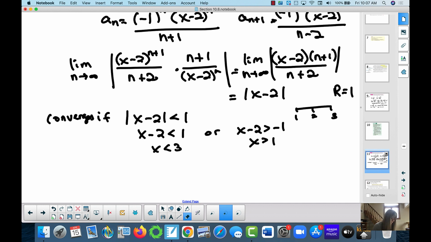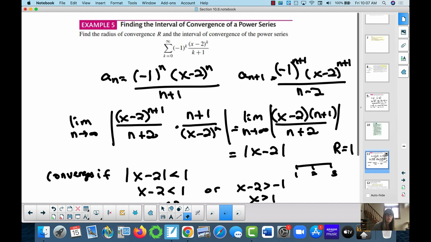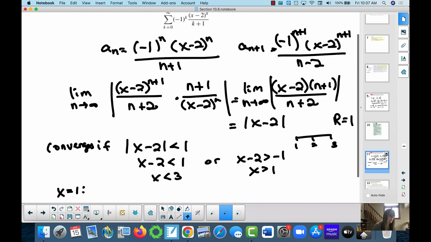So at x equals 1, going back to the original series, I'm going to plug into that series here. So I have -1 to the k power in that series, and then 1 minus 2 to the k power.